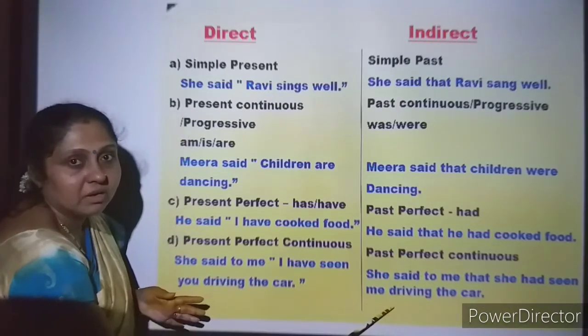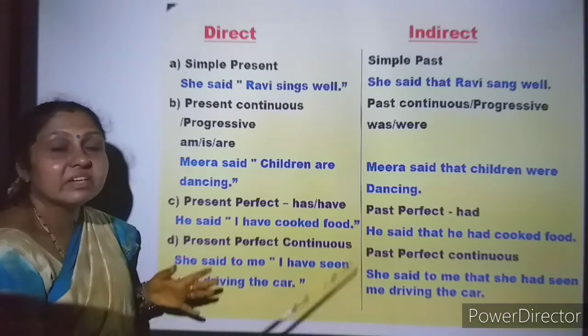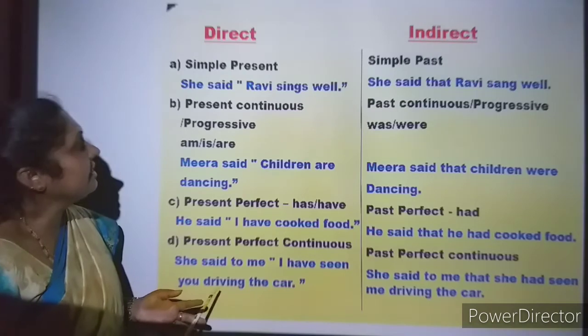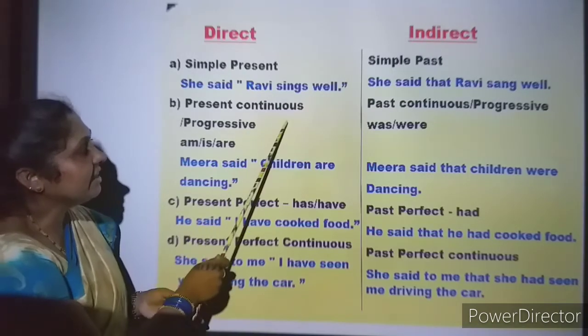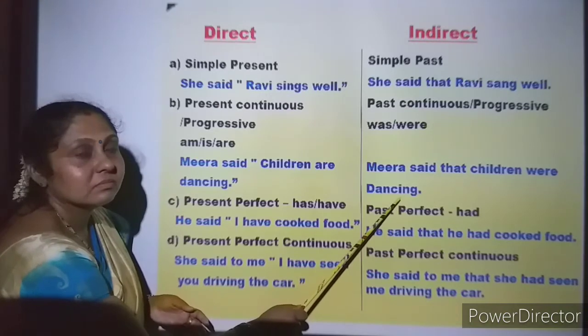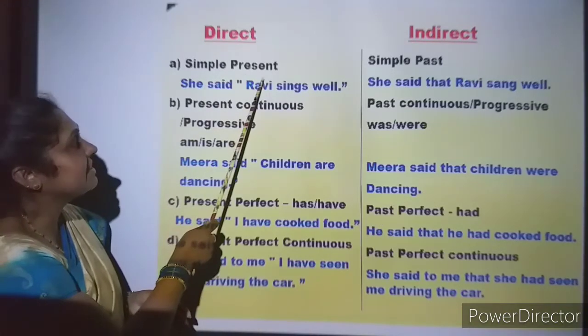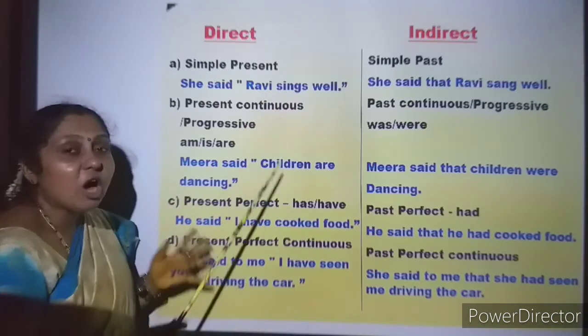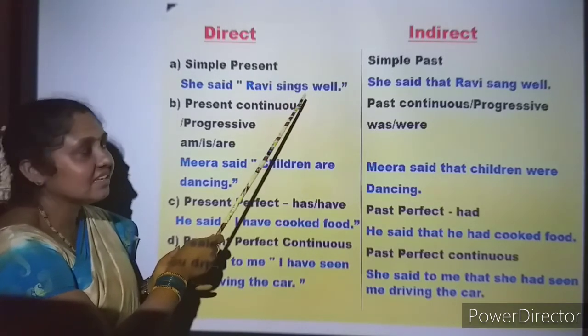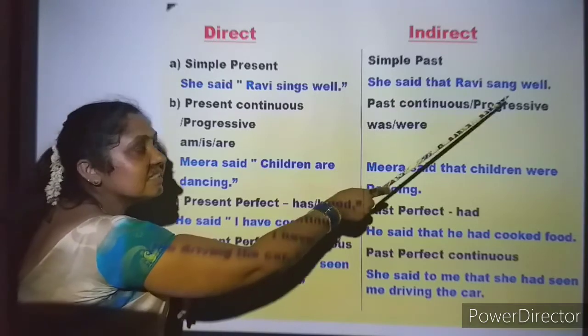The ing form: when it is progressive or continuous, then you will have this ing form. So you can see that here also. When it is simple present, the verb will be in the normal form. Sing, sings. When it is in the past, it is sang.